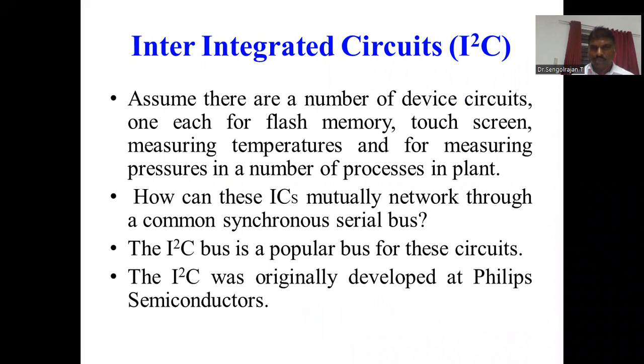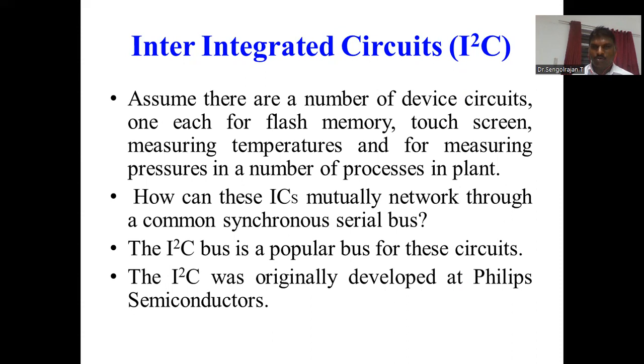As we are going to connect a number of device circuits, for example one for a flash memory, one for a touch screen, one for measuring temperatures, and one for measuring pressures in a number of processes in a plant, we may require more than one integrated circuit.